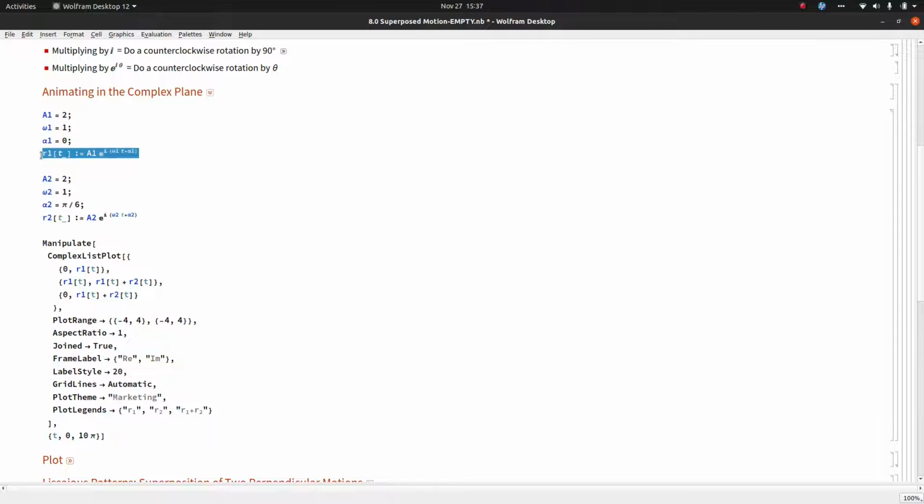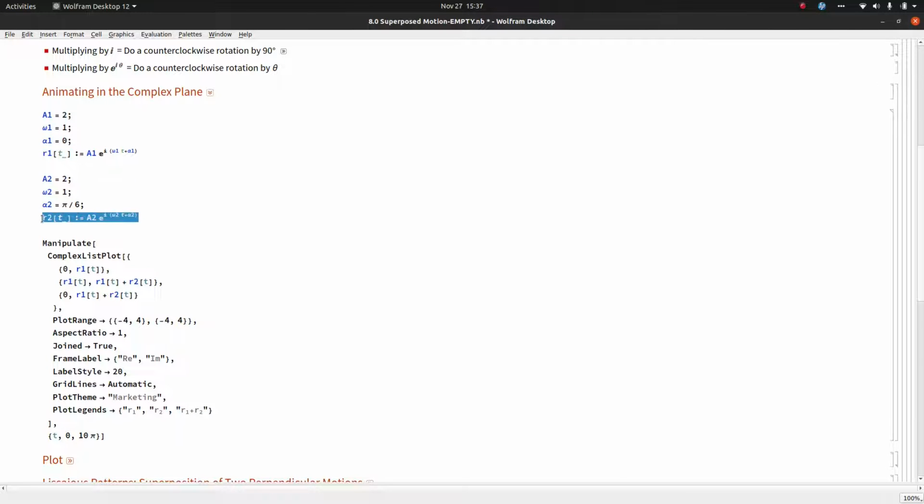So it's going to be R1, which has an amplitude A1, which is equal to 2. And then it has the complex exponential e to the i (omega 1 t plus alpha 1), where omega 1 is the angular velocity, t is the time, and alpha 1 is the phase shift, which I am going to set equal to 0.